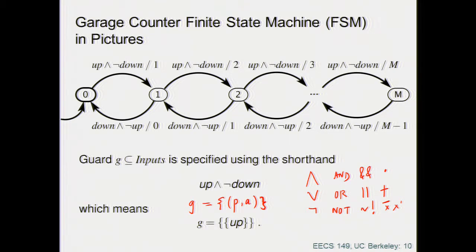Now, the really interesting thing is the condition that tells you what happens when certain environment variables change. So some inputs change. And they are called guards because in some sense they are sitting there like this, and they prevent your system from moving unless that condition is verified.